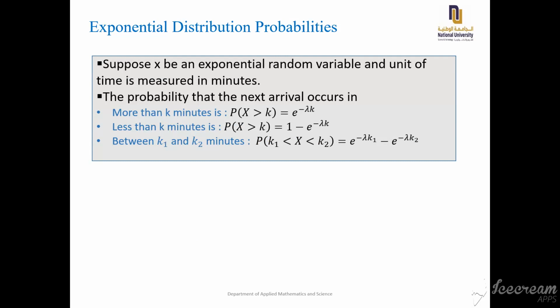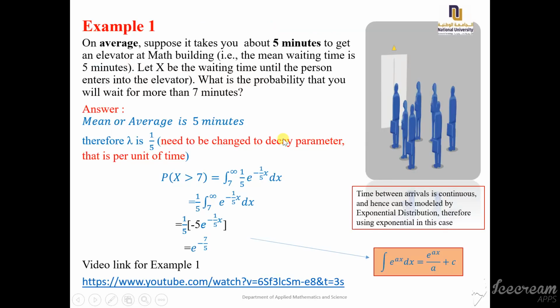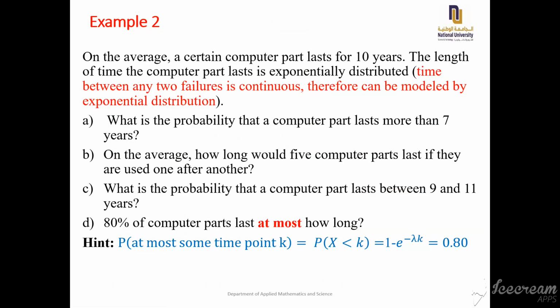When you want to find the probability of x greater than k, instead of integrating every time, you can find it is equal to e to the power of minus lambda times the value of k, which is given in the problem. When it is less than, you use 1 minus, and when it is between, you use this formula. That we will do in example 2.